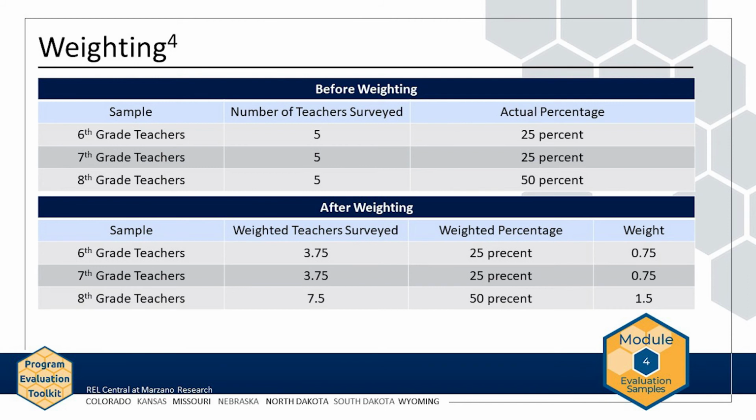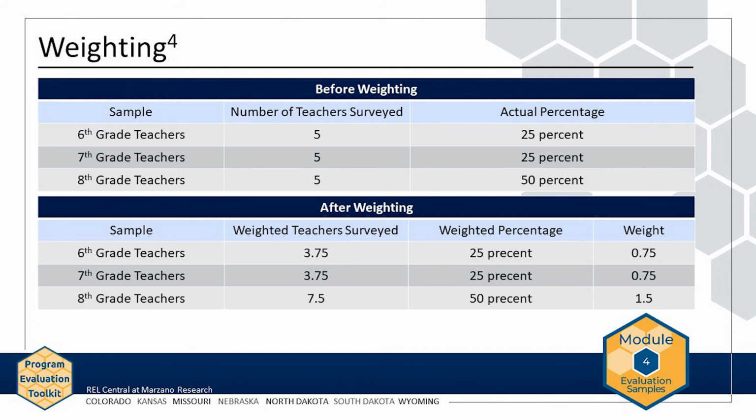Sometimes it may be impossible to ensure that your sample is representative of the entire population with respect to particular characteristics. In these cases, you may allow some responses to count more than other responses, so that the results more accurately reflect the target population. You can do this by weighting. For example, the AMP evaluation team wants to survey middle school teachers about their approval of the program.